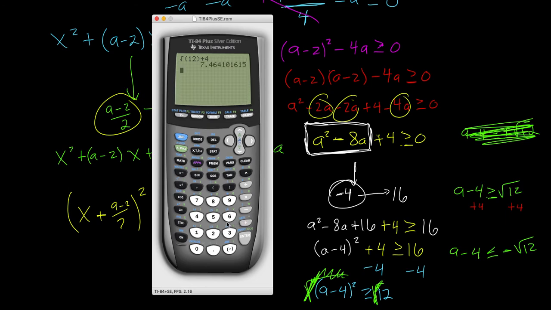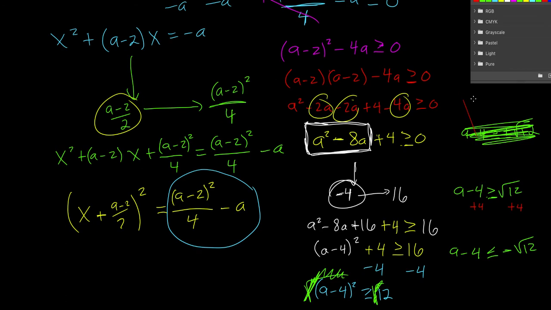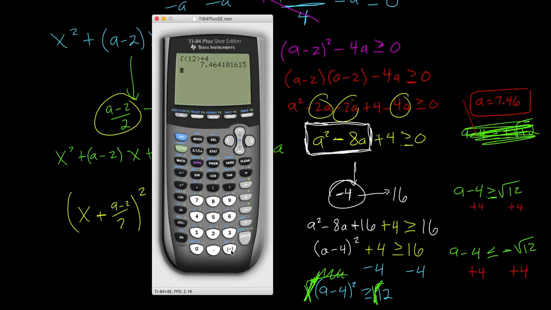So we get 7.46 for a. Okay, this one we're going to add 4 as well. This time it's negative square root of 12. We get 0.536.